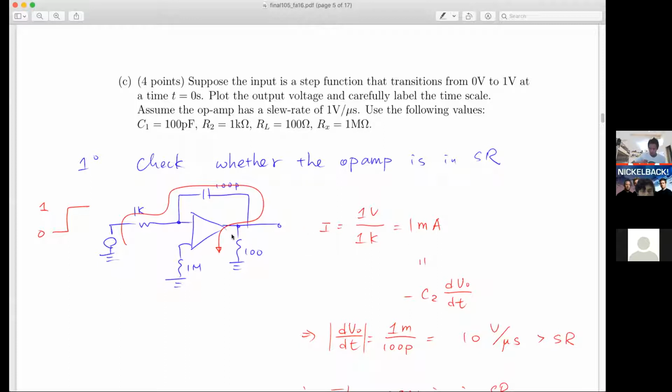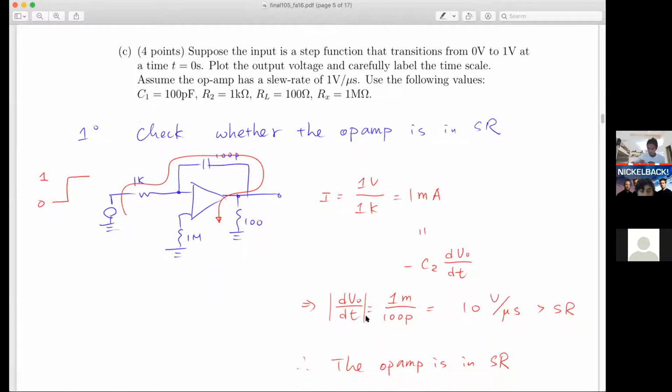Assuming the virtual ground still holds and there's no slew rate issue, the current charging the capacitance equals minus C2 dVout/dt. So the output voltage change will be 1 milliamp over 100 picofarad, which is 10 volts per microsecond. Apparently, because the op-amp slew rate is limited to 1 volt per microsecond, our op-amp is already in the slew rate region.